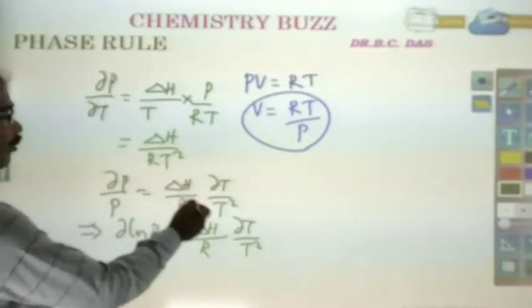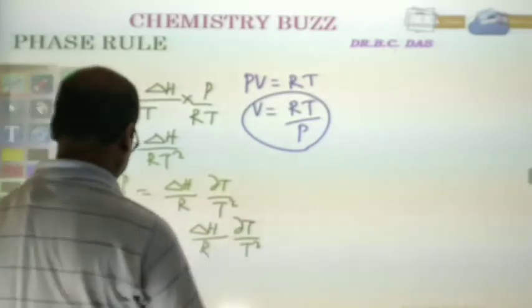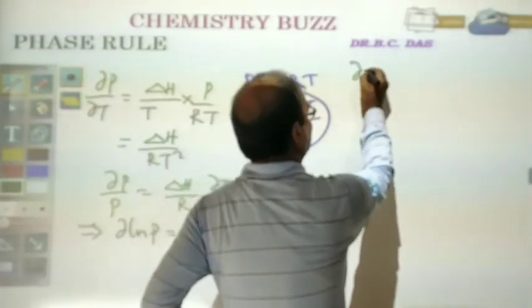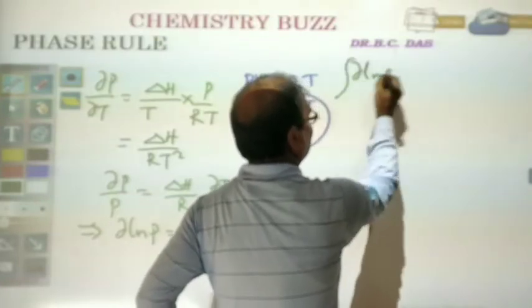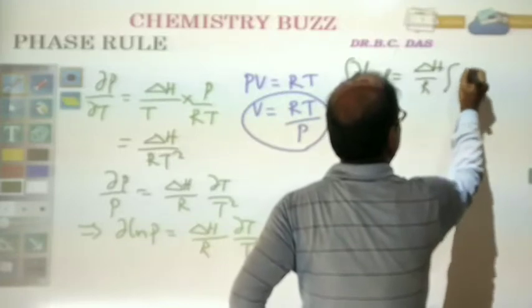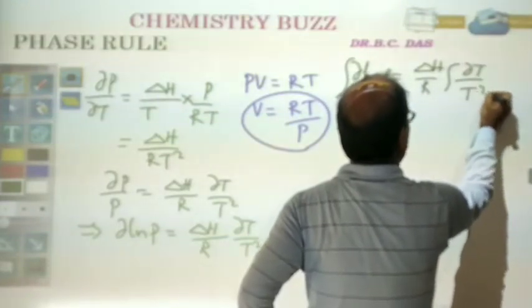So integrating both sides of this equation, we will get d ln P is equal to delta H by R integrated over dT by T square. Okay.